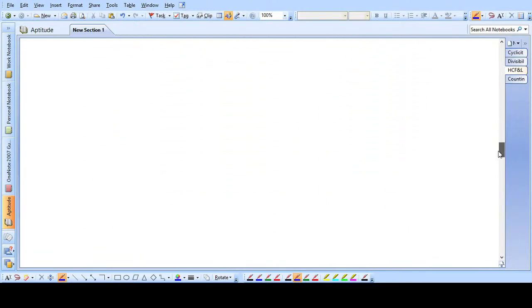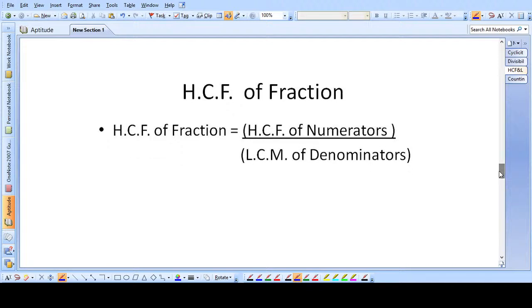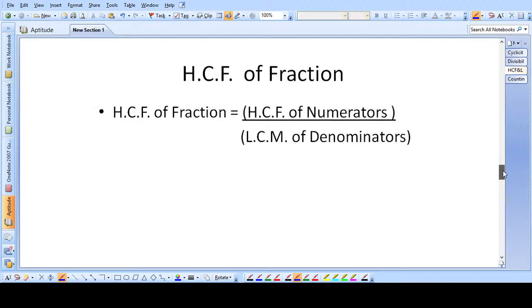Now let's see what to do if fractions are given to you, and you are asked for the HCF. So what do you have to do? The HCF of fractions: you will be given a few fraction values and asked to calculate the HCF of the fractions.